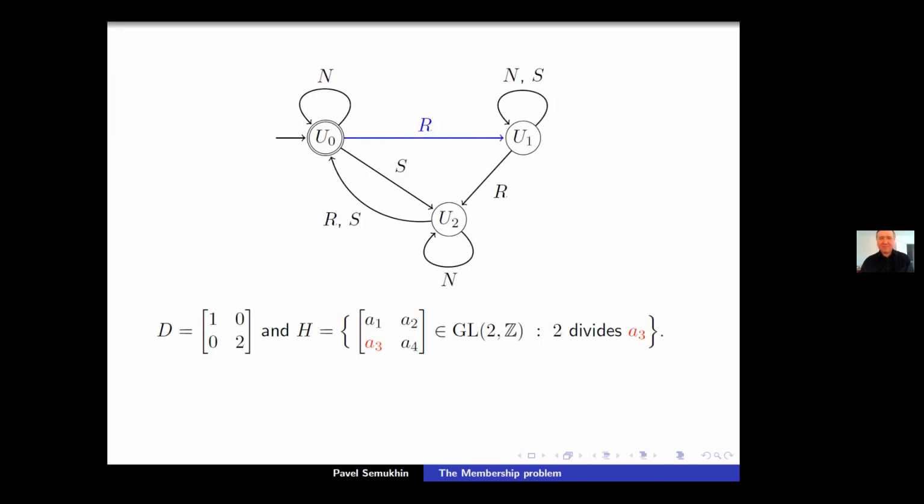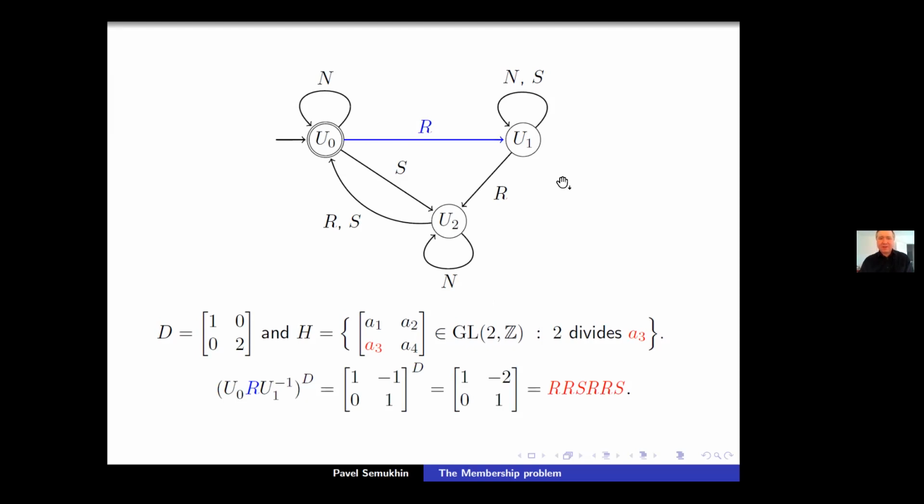Let's take this transition here from U0 to U1 with label R. First of all, we need to compute the matrix U0 times R times U1 inverse. It will be this matrix here, 1 minus 1, 0, 1. And then we need to conjugate it with D. It gives us this matrix here.